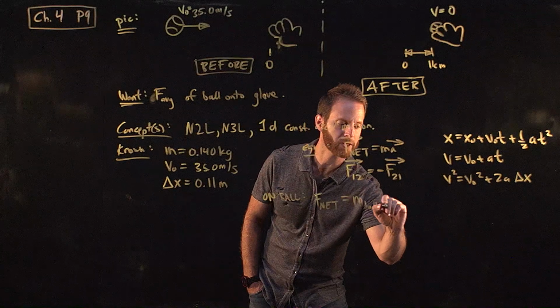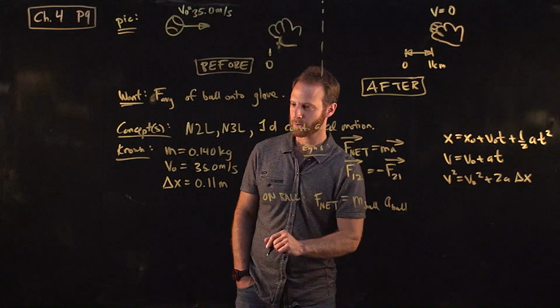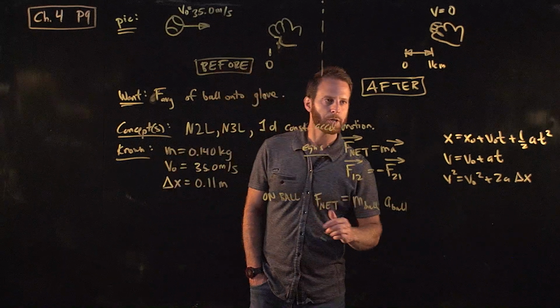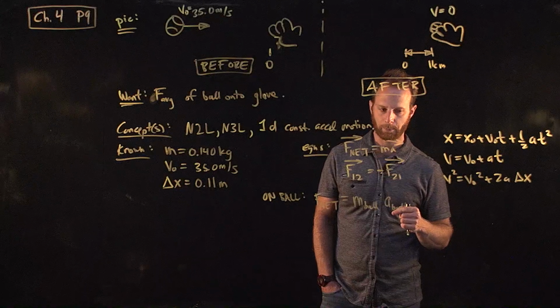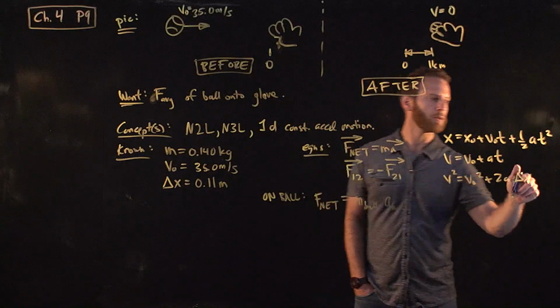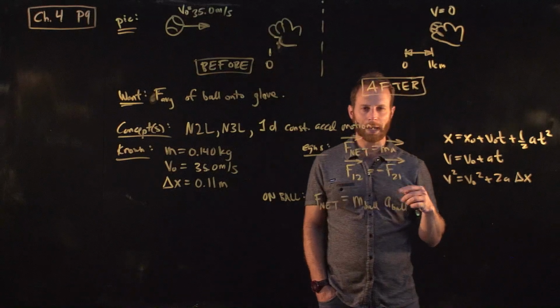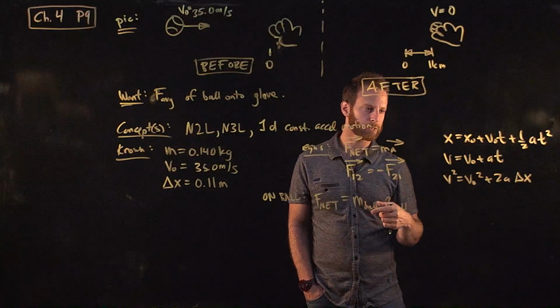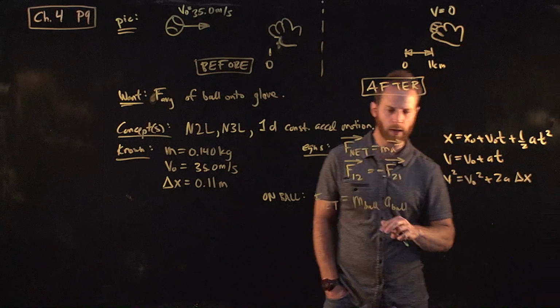Mass of the ball times the acceleration of the ball. We're given the mass, but we're not given the acceleration. That's something we're going to have to compute from one of these equations. Probably, given our set of choices here, we're not told what the time is, and we're not asked to figure out the time. And so we may find it to be easiest to use the third equation down here. So let's try that.